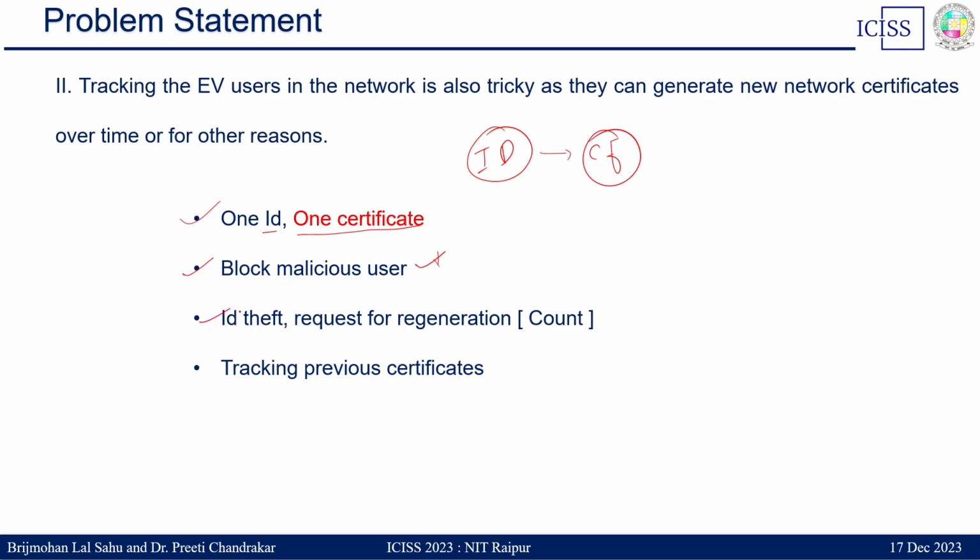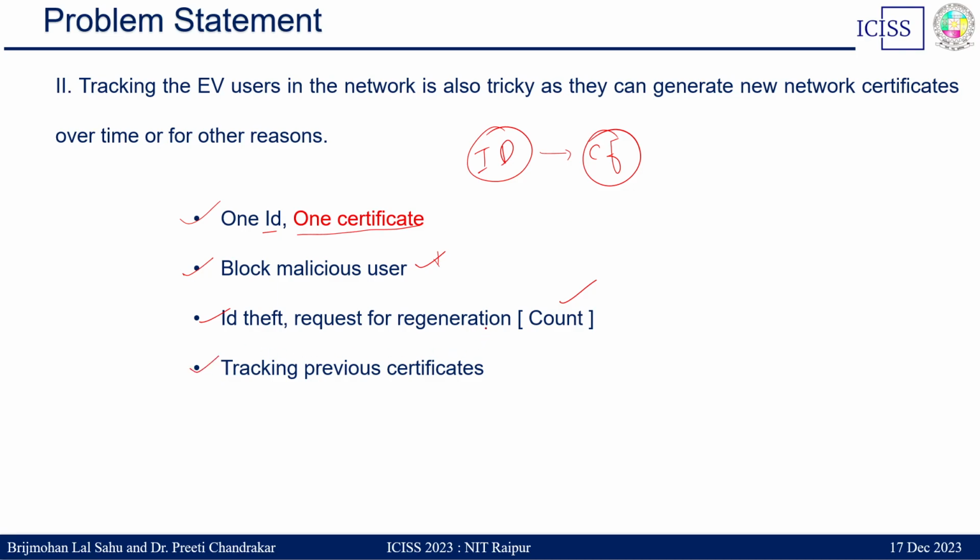In case of ID theft, requests for generation should be counted. It may be possible that a malicious user tries to request multiple times and generate multiple certificates, planning to attack the network. The fourth thing is tracking previous certificates.